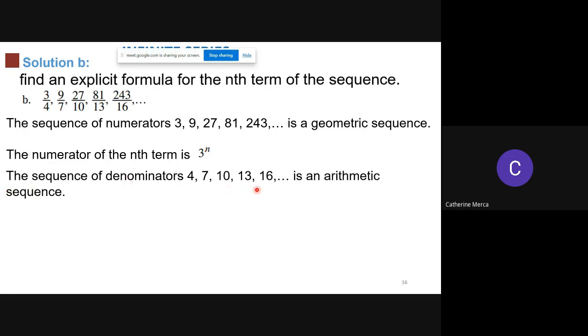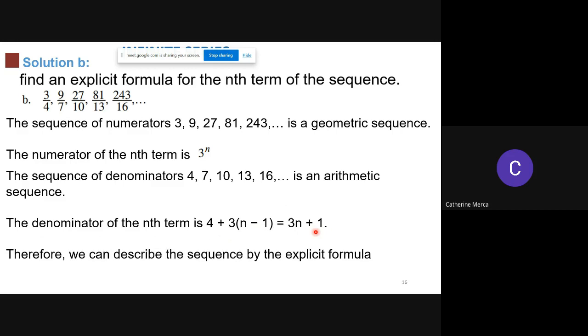So when you write down the formula now, okay, the denominator of the nth term will become 4 plus 3 times n minus 1, which is actually your 3n plus 1. So that's how you find it. So explicit formula now will be 3 to the n all over 3n plus 1.